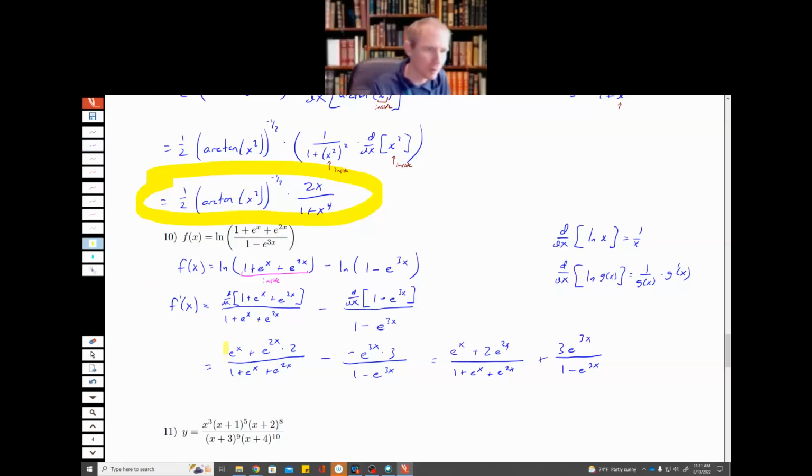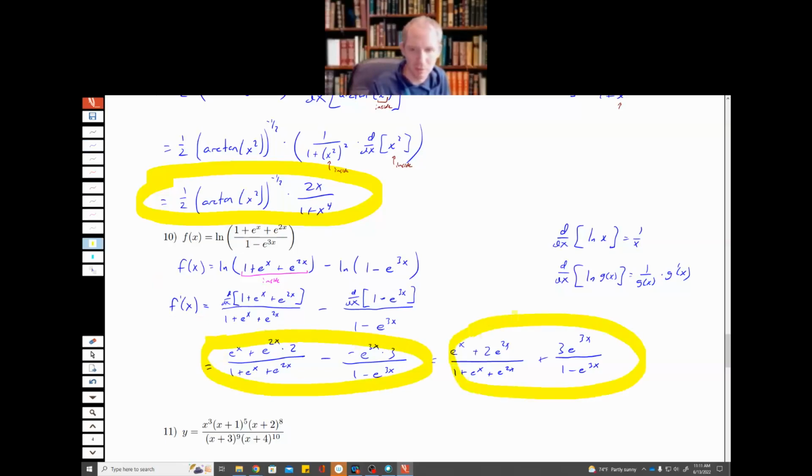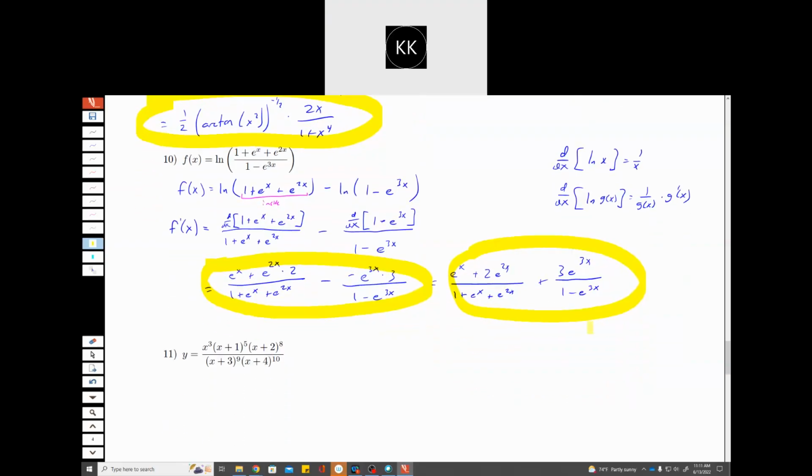Okay. So unsimplified, mostly simplified. Combining these fractions together would just be a mess. That's not worthwhile, so we're definitely not going to do that. All right, does that make sense? Yeah. All right.